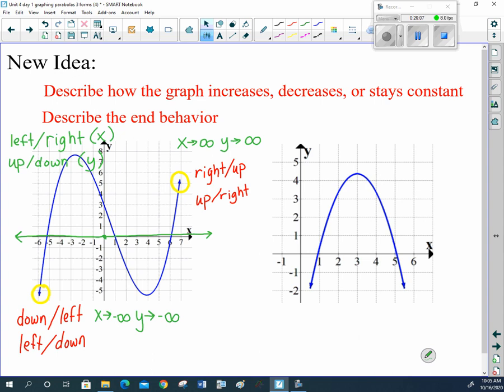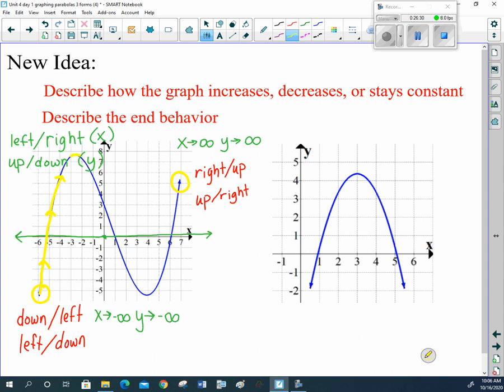Okay, now what it was talking about, describe how the graph increases, decreases, or stays constant. So you always start left to right. If I start here on the left and I start to trace this graph with my finger, notice how I'm going up, up, up. So that's increasing.